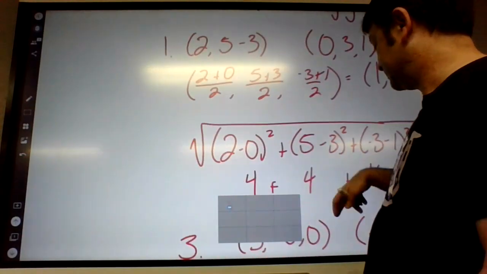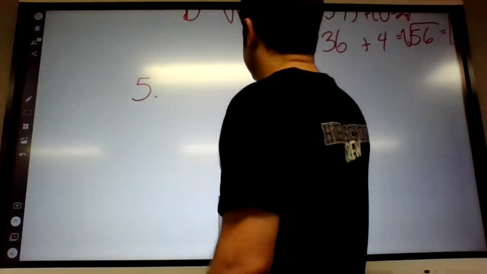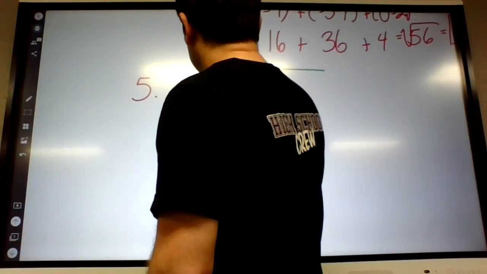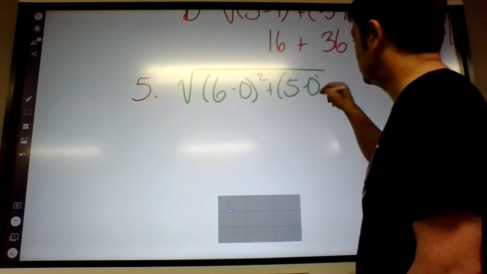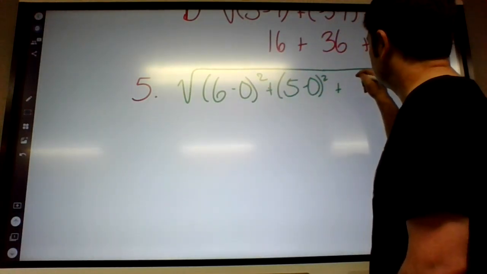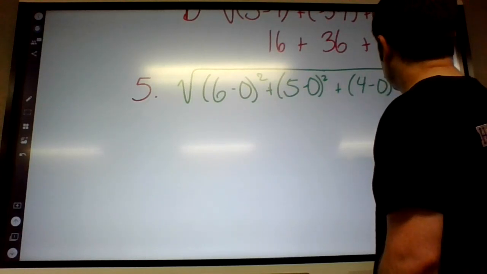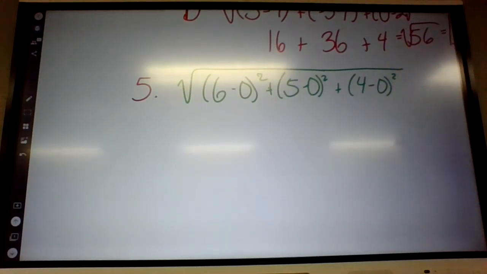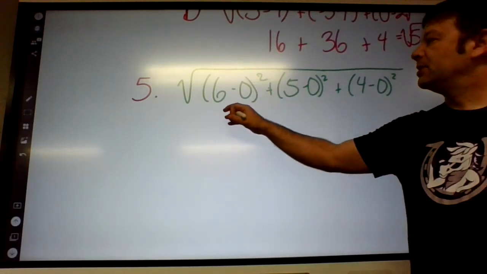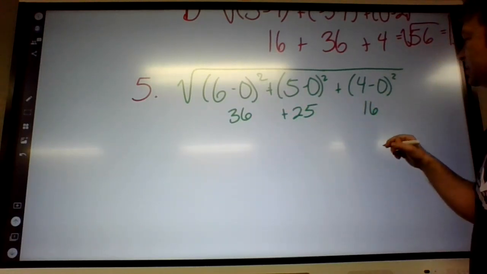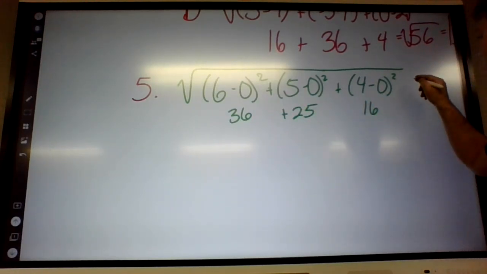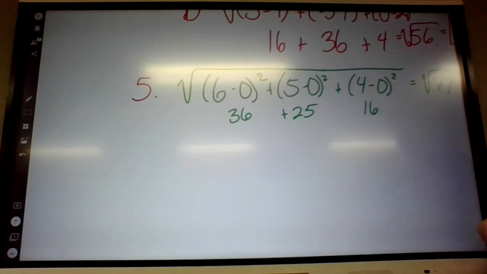So, I'll go ahead and write it, I guess. It's basically just 6 squared plus 5 squared plus 4 squared and the square root of that. 36 plus 25 is 61, plus 16 is 77. So it would be square root of 77.